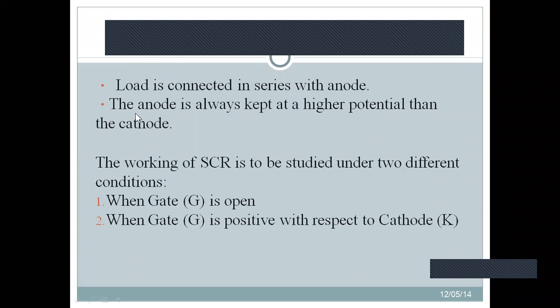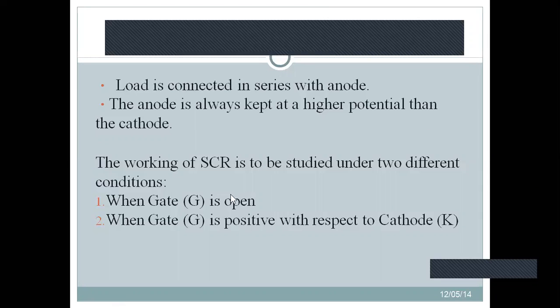Okay, and anode is always kept at higher potential than cathode. Obviously, once you apply the voltage at anode, then we obtain the output at cathode terminal. Okay, so how can this be done? This can be done by connecting the load in series with anode, and the anode is always kept at higher potential than cathode. एनोड का वोल्टेज हमेशा ज्यादा रहना है कैथोड से, right?